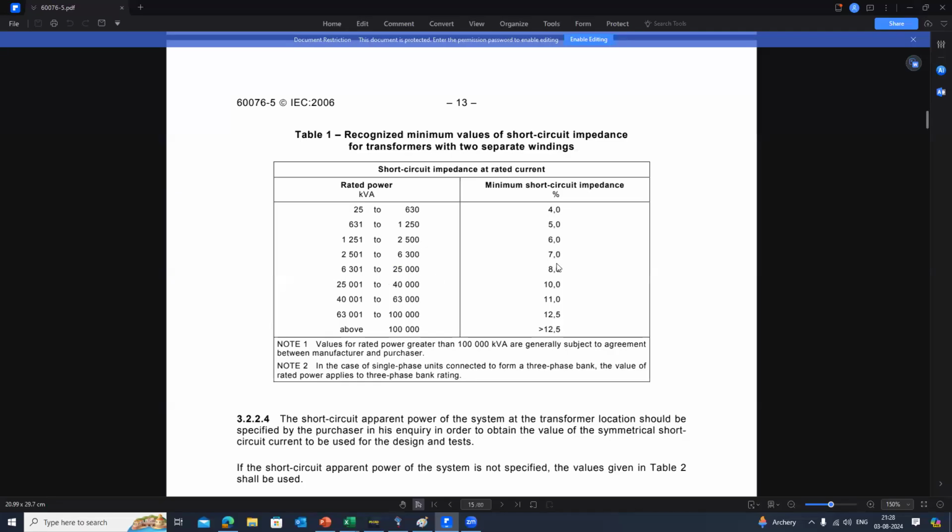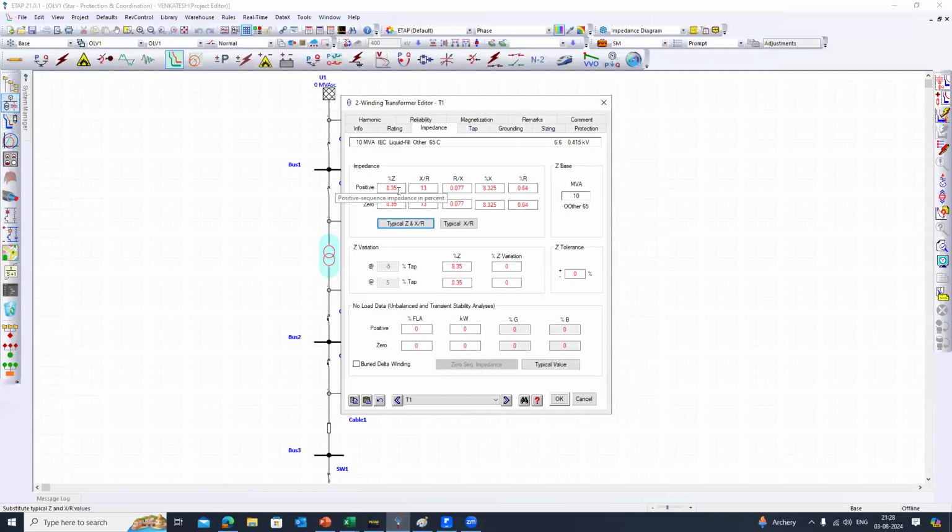Up to 25 MVA, the minimum short circuit impedance required as per IEC 60076 part 5 is 8.0, whereas ETAP is using 8.35. That's what I'm telling you. ETAP still follows the 1992 version. Probably they may have upgraded in the 24 version, which I am not aware of, but till 21 I am sure that they are still using the 1992 version of 60076 part 5, not the 2006 version.